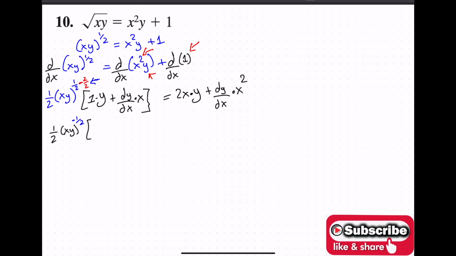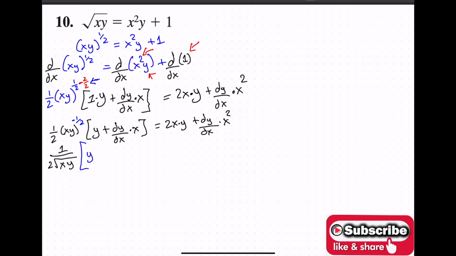And then we have parentheses, y plus dy/dx times x, equal to 2x times y plus dy/dx times x squared. Now we're ready to rewrite this equation here. We can say this is equal to 1/2 x times y, and then we have parentheses here.